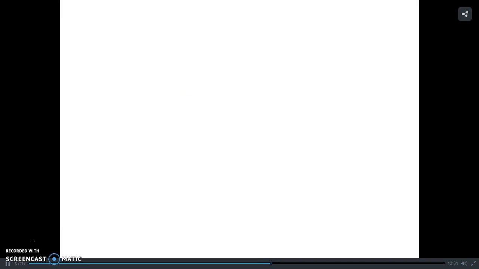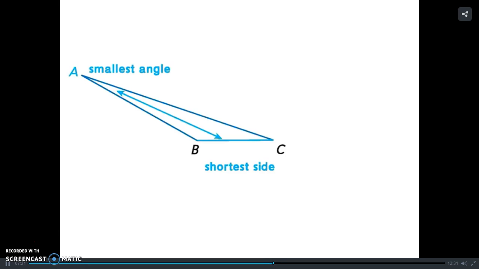Same kind of thing happens when we look at the smallest angle. If we know that one of the angles is the smallest angle, then the shortest side of the triangle is across from the smallest angle. Now, that only helps us find the largest side and largest angle, and the smallest side and smallest angle.